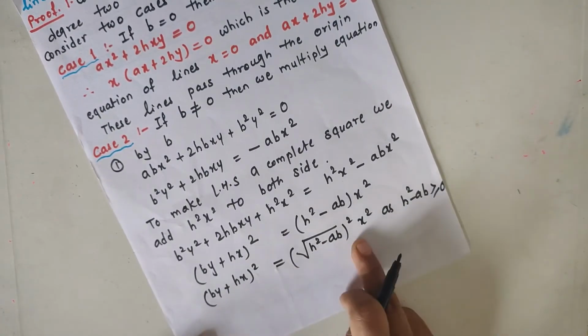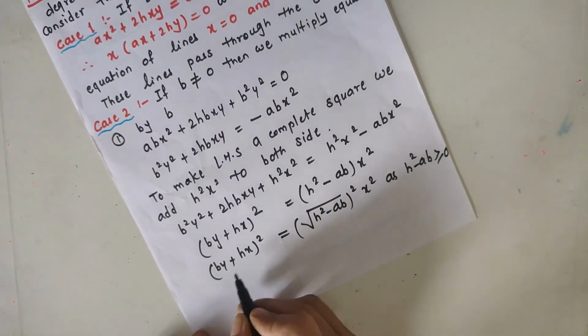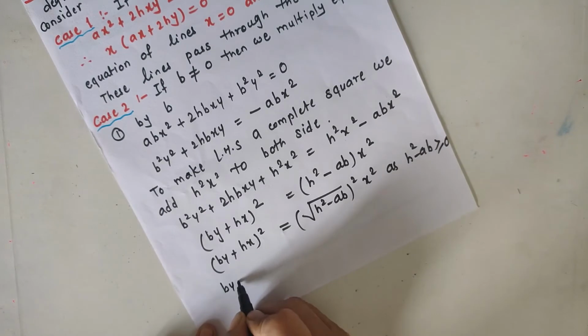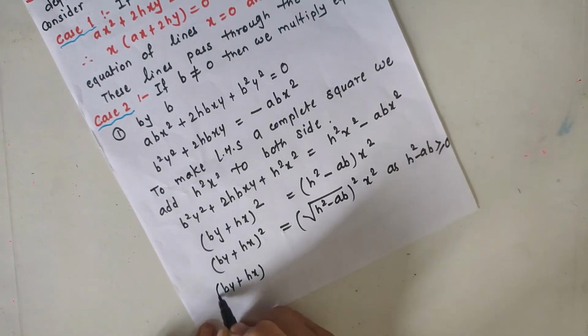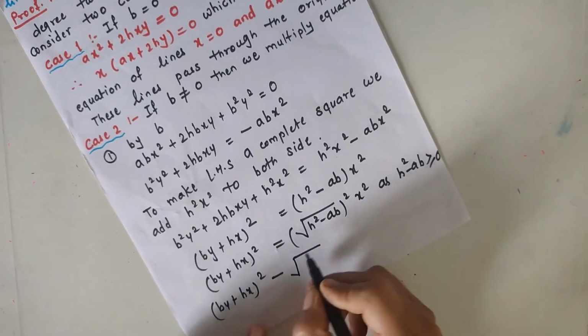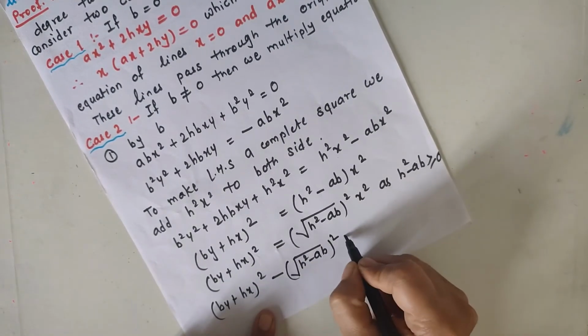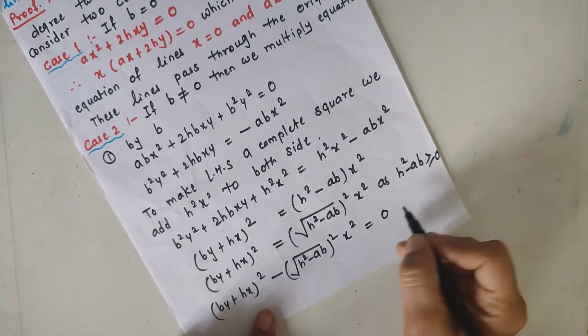So all these terms are in square form, so we can write (by plus hx) bracket square minus (under root of h square minus ab) bracket square into x square is equal to 0.